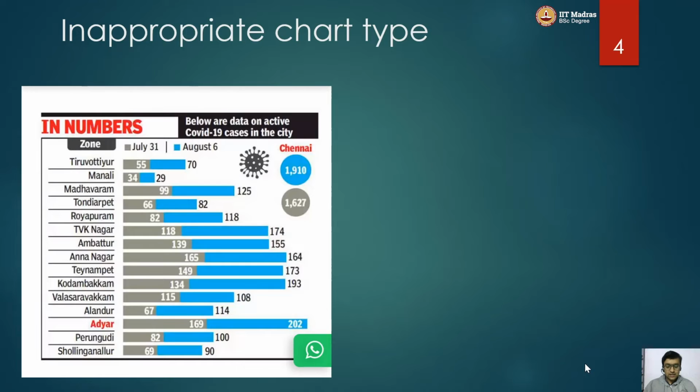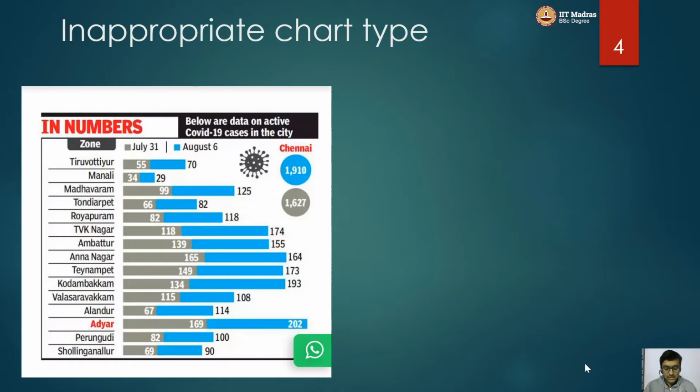Now this chart represents the data on active COVID-19 cases in Chennai between July 31st and August 6th. The intent of this chart is to show a comparative study between July and August in terms of the COVID cases.